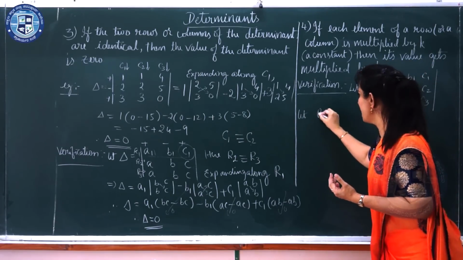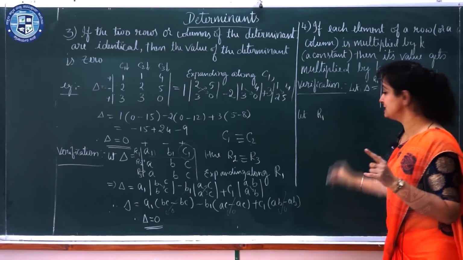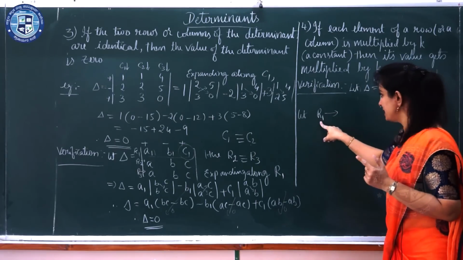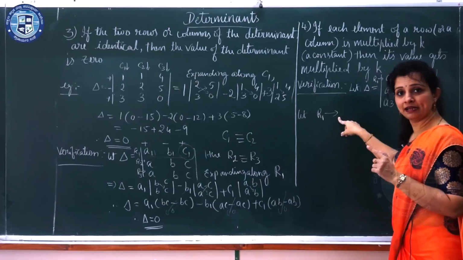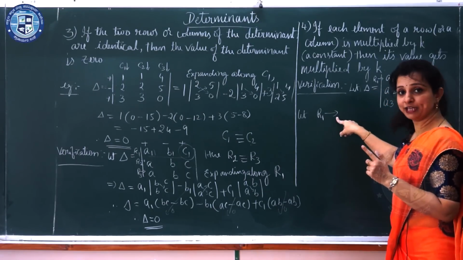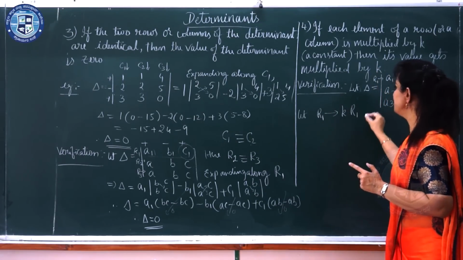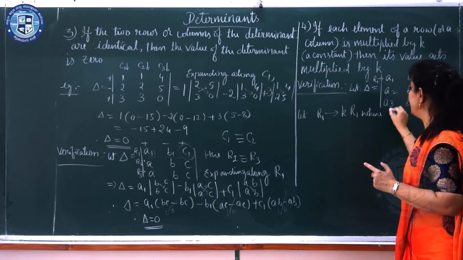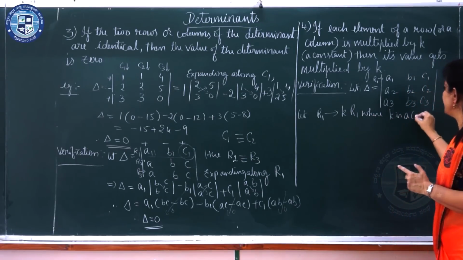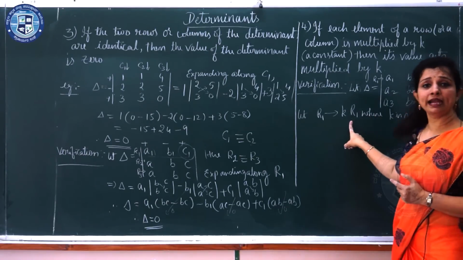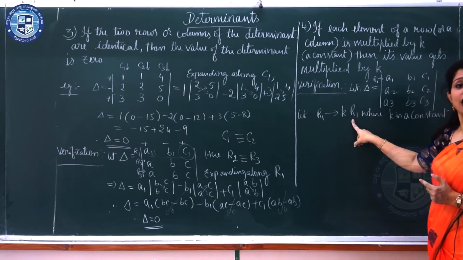First row elements are multiplied by the constant k. R1 changes to k times R1, where k is a constant. One constant is multiplied to each element of R1.